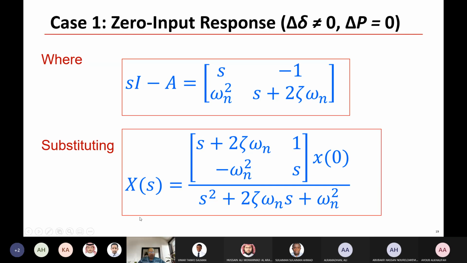So you can write x1 and x2 equal to this over the denominator, x2 also equal to minus omega n squared x1 plus s x2 over this. Of course, x0 is also a vector, which is x1 of 0, x2 of 0.